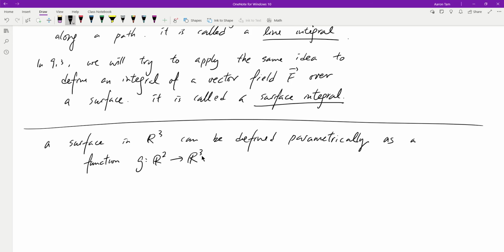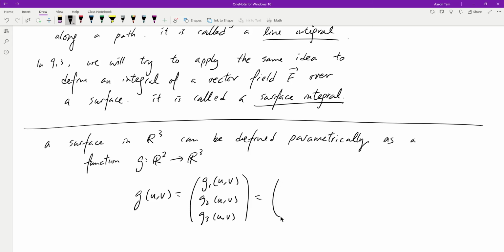We will only focus on surfaces in R3 because of the limitation of what we have to work with. The concept might apply to higher dimensional surfaces, but we will focus mainly on R3 for our class. So our surface would be defined by g of uv, which is equal to g1 of uv, g2 of uv, and g3 of uv.